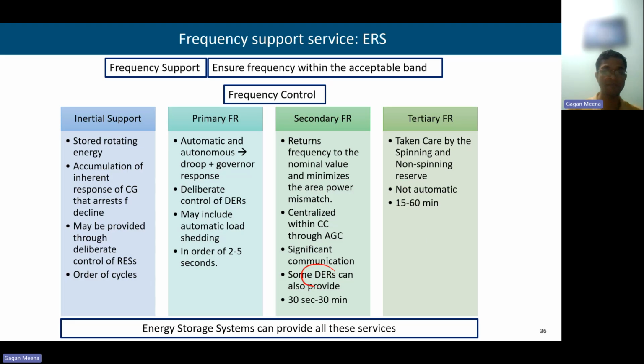And here some DERs can provide this kind of service also, and energy storage can provide this. And this time duration is between 30 seconds to 30 minutes, not more than that. And tertiary frequency reserve services, response services, these are taken care of by the spinning and non-spinning reserves. This is not automatic. These three are automatic, and this is what we consider as a natural response.